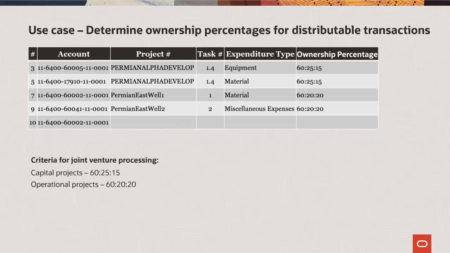All operational expenditures except employee travel expenses are billable to the joint venture stakeholders with ownership percentages 60, 20, and 20. All other expenses that are not related to any projects are billable to the joint venture stakeholders with ownership percentages 60, 25, and 15.